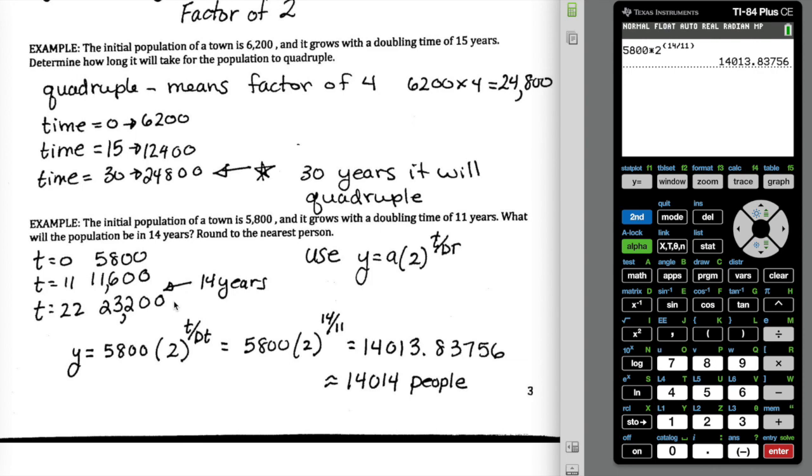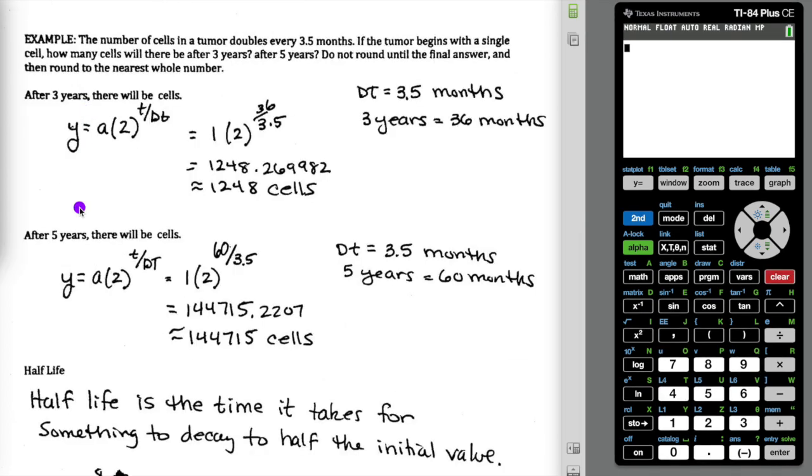Now this is going to be our last double time question, and then we're going to jump into half-life, which is a very similar concept. In this example, it says the number of cells in a tumor doubles every 3.5 months. If the tumor begins with a single cell, how many cells will there be after 3 years?